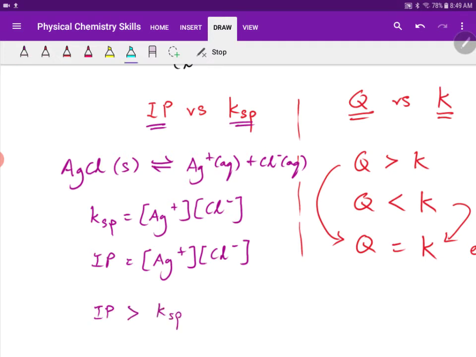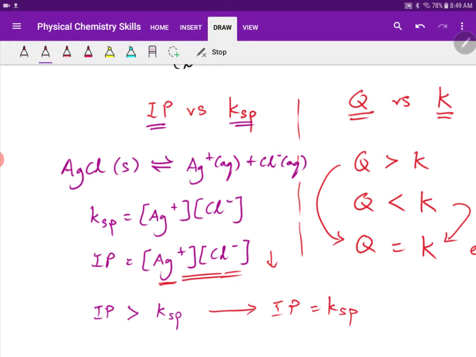At that instant, IP will want to decrease such that it is equal to KSP. This is the eventual goal. So IP will want to become KSP. How would we do that? If you look at this equation, for us to decrease the value of IP, there's only one thing to do, which is to decrease Ag+ and Cl-.